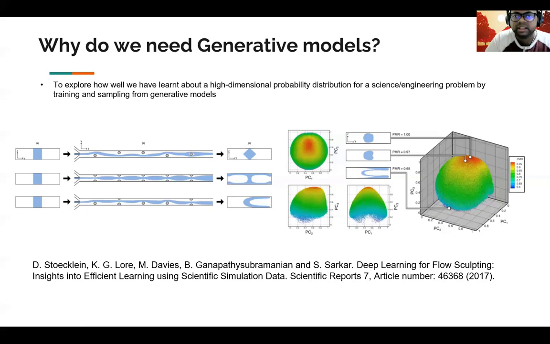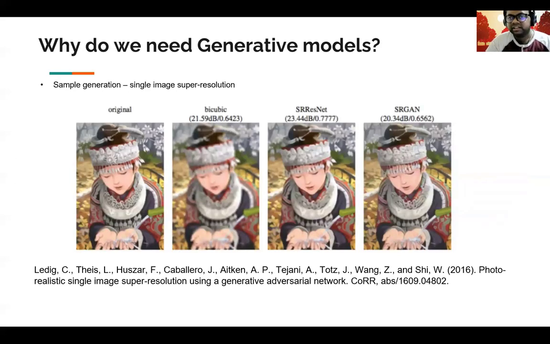But generative models are not restricted to science and engineering applications. More traditional or canonical approaches for generative models have been used for image super-resolution. Say you start with a very coarse or blurry image, and you would like to get sharper features by using generative models; this is another application which has been explored in the past.